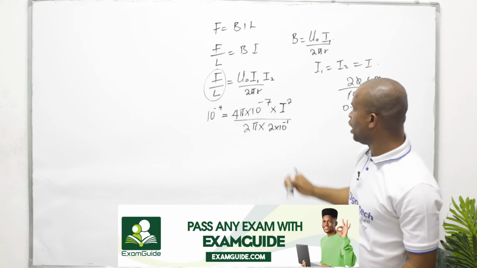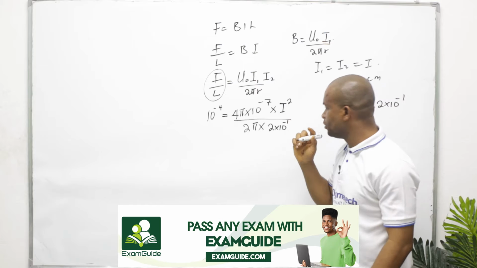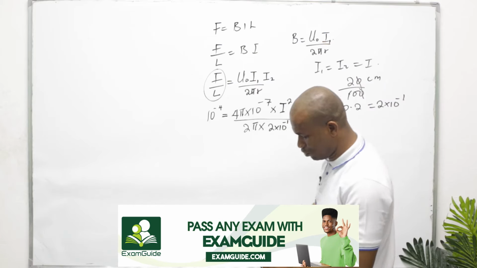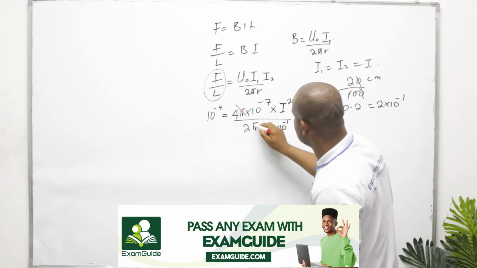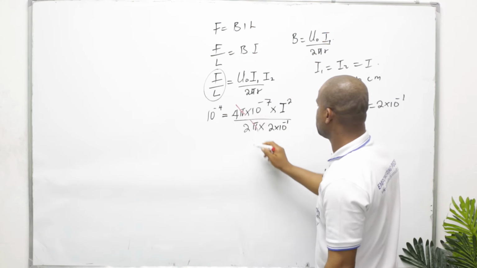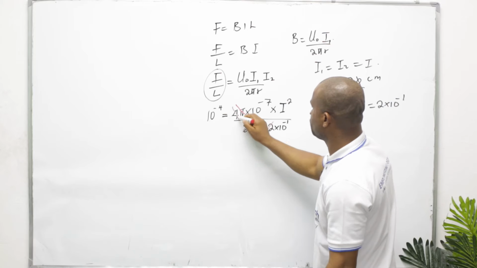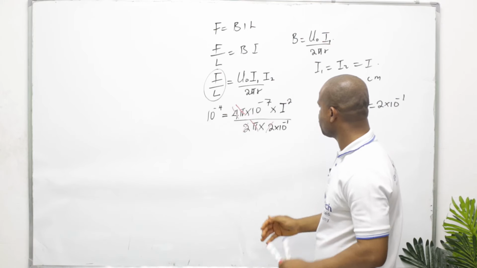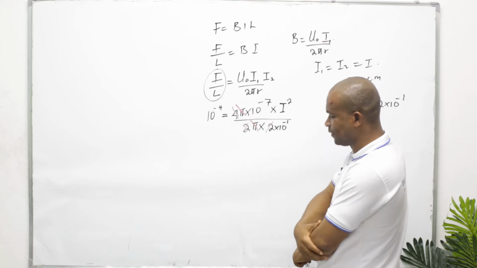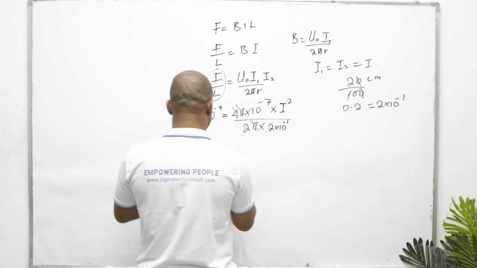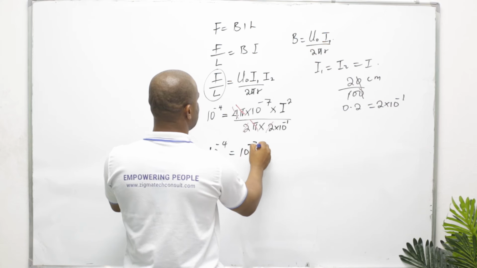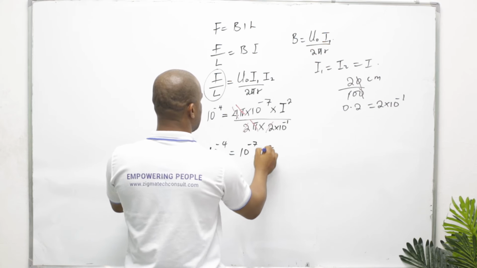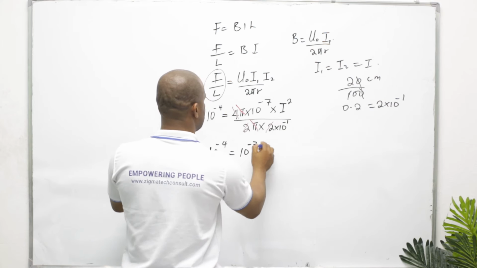Alright, so I am looking for this current. The best thing to do is to cancel out this pi. 2 and 2 will cancel 4. So I will have now 10 raised to the power minus 4 is equal to 10 raised to the power minus 7 I squared, over 10 raised to the power minus 1.